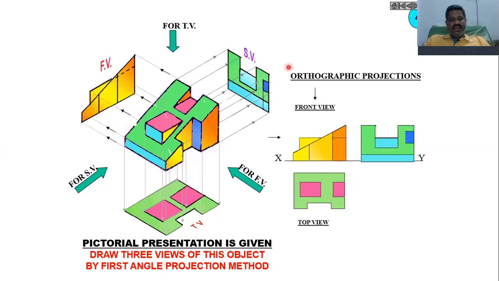Now project this side view also. Project this top edge and project the bottom, and the left side view will come to the right side, as I said just now. Then project all those points to represent this shape here. And this will become your orthographic projection of the given component that you can see here.